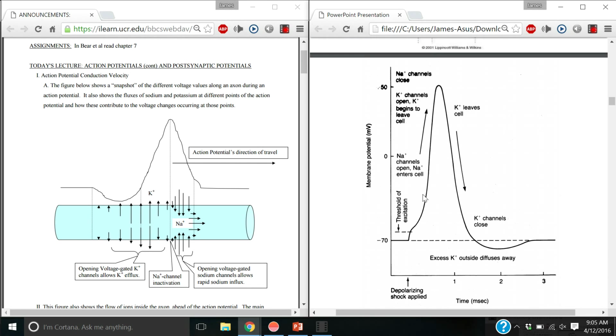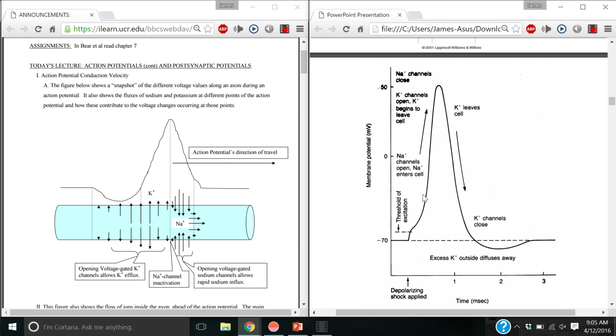So there are two major ways of increasing conduction velocity. One is to decrease the internal resistance. Anything that makes it easier for these ions to travel, that decreases the internal resistance, will increase conduction velocity.